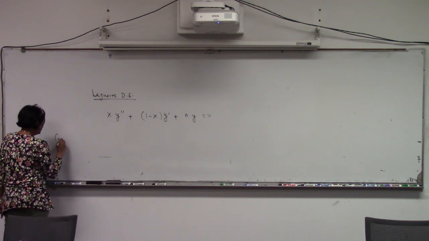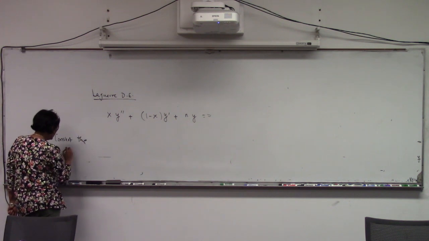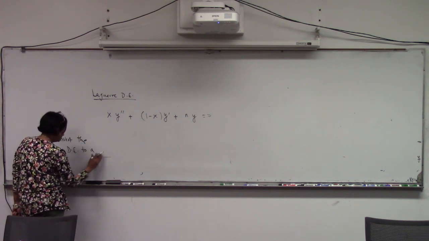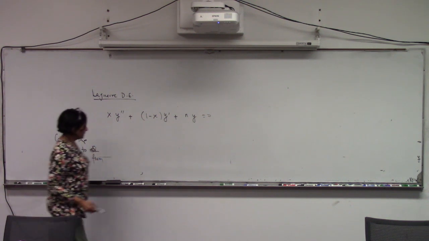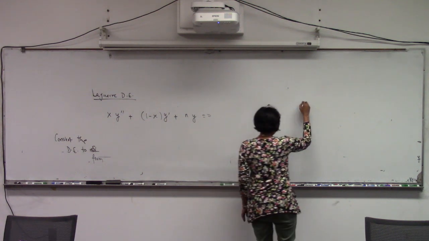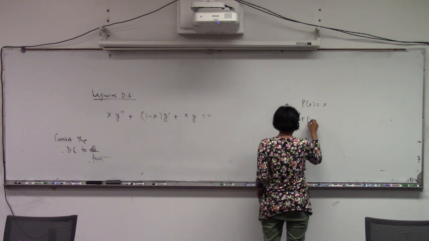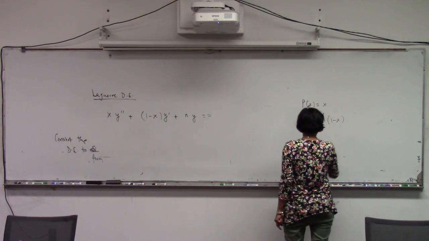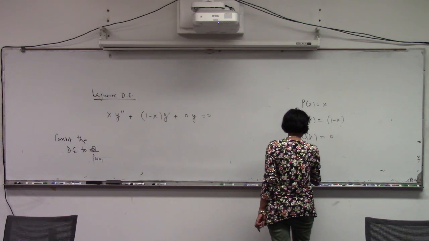Multiply by x. Okay, so what is P of x? x. R of x? 1 minus x. Q of x is 0. Lambda is n.